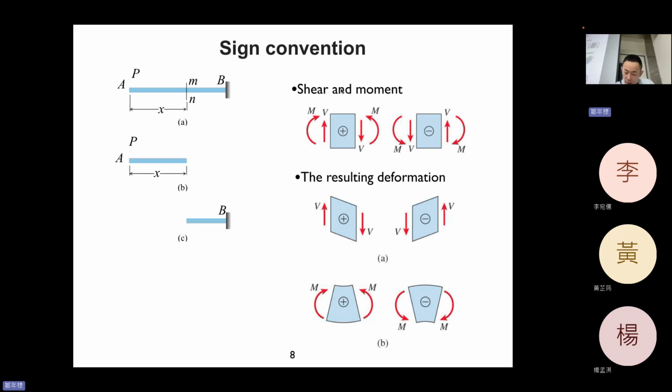Okay, so be careful. Now I will give you an example to help you understand the sign convention. So now we have a P here, and we have a fixed end at the right-hand side. Because this is a fixed end, we will have 3 reaction forces. But because we don't have a horizontal applied force, we only have RB, and the horizontal one becomes 0.